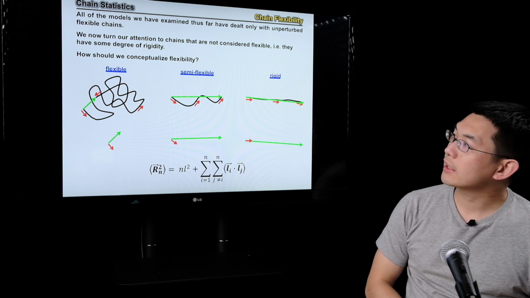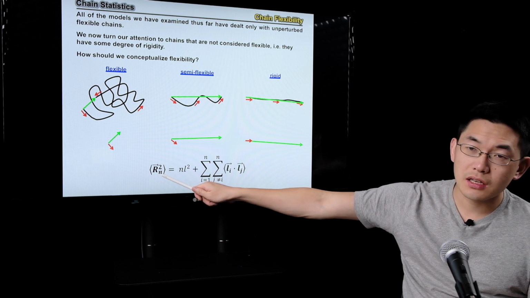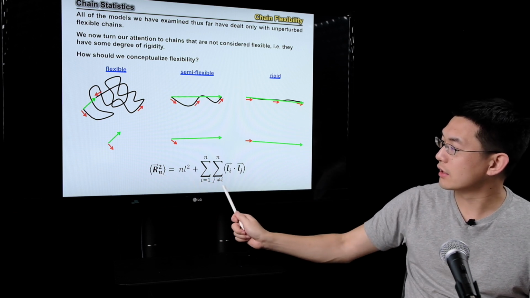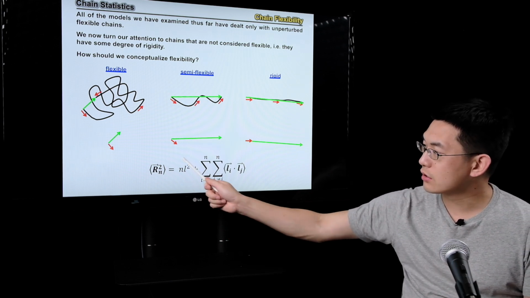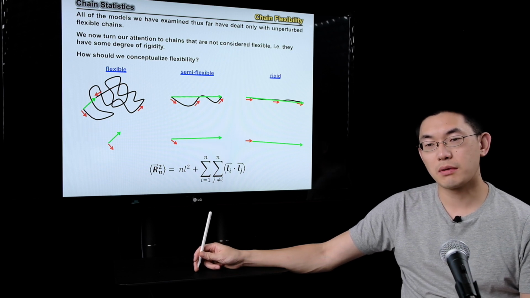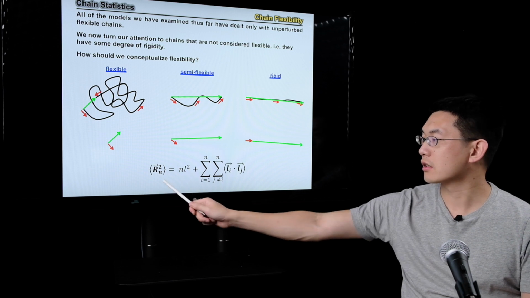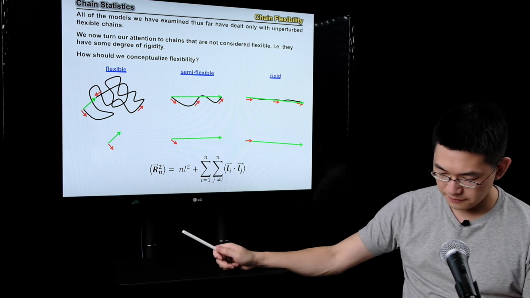So as we go back to what we have discussed, the end-to-end distance can be decomposed into a self-term and a cross-term, right? We discussed the difference between these two. A self-term basically talks about how the vectors multiply with themselves, and how we can achieve the self-term end-to-end distance equal to n l squared, plus a cross-term.